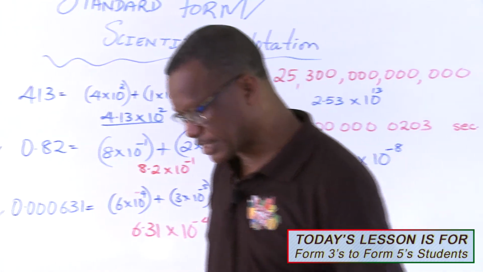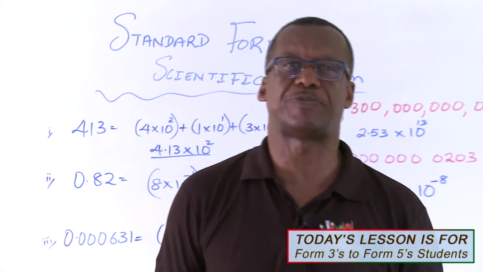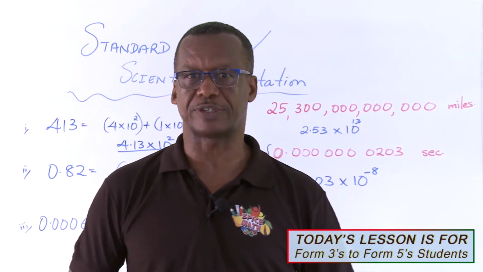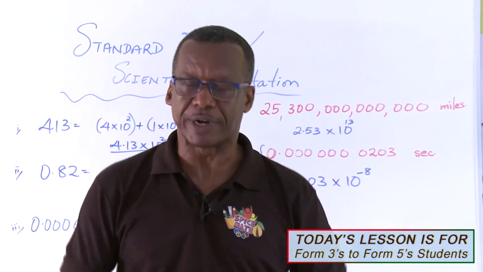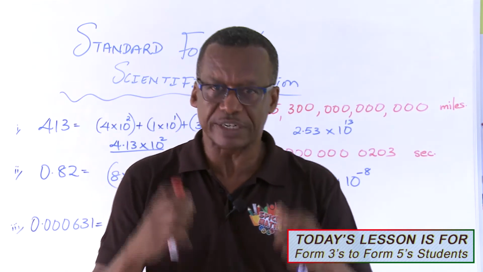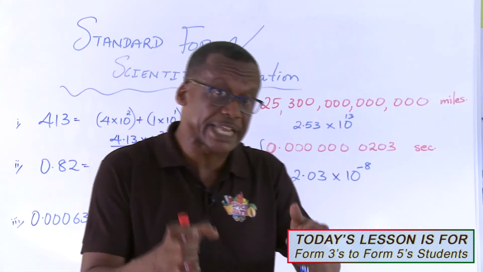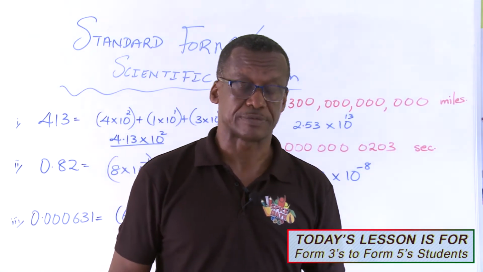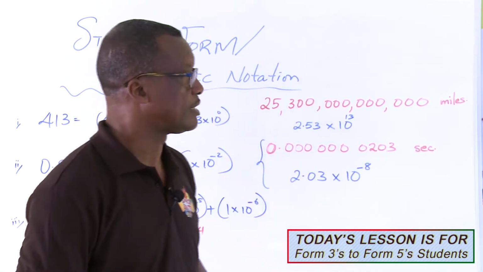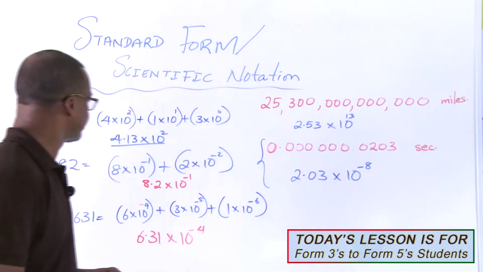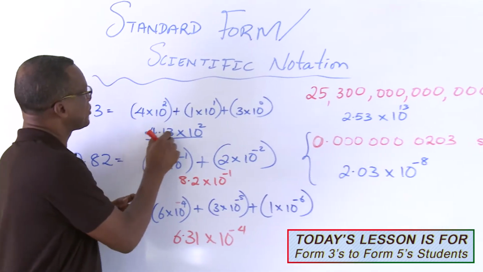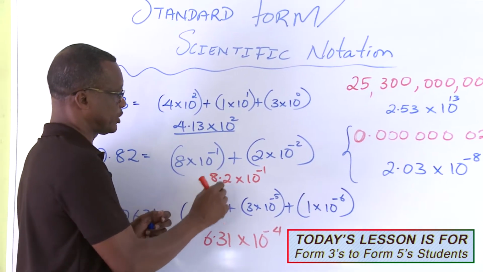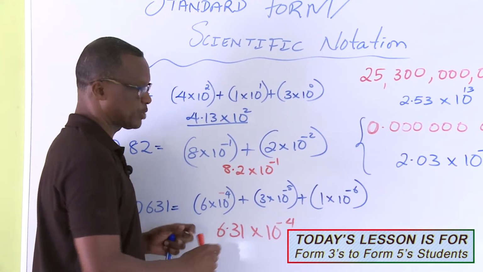The next part of the problem, or part of the solution, is how do we come up with the first number? We understand how to come up with the powers of 10. That's going to make our scientific notation possible. But how did we come up with the other number? That is the 4.13, or the 8.2, or the 6.31.